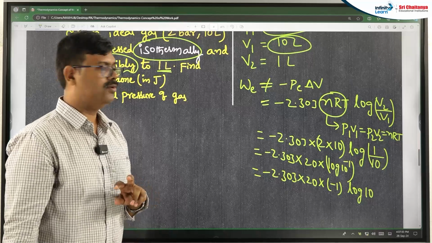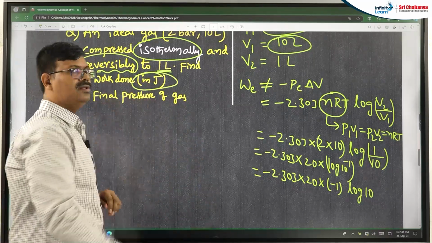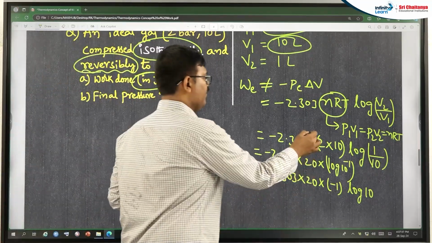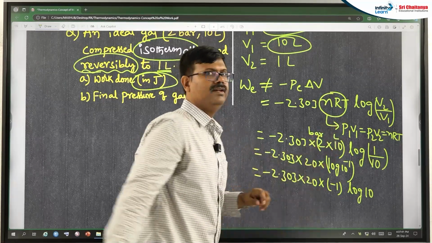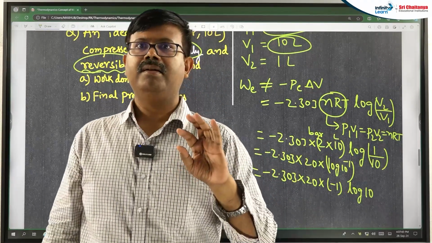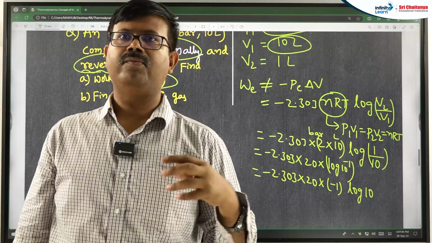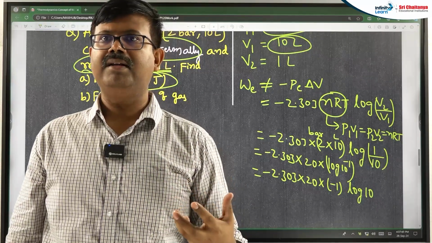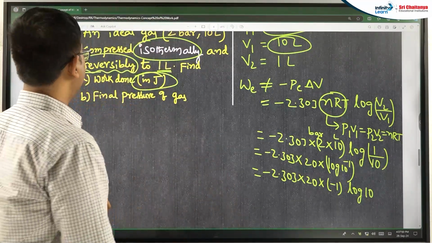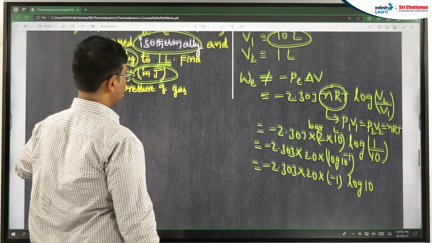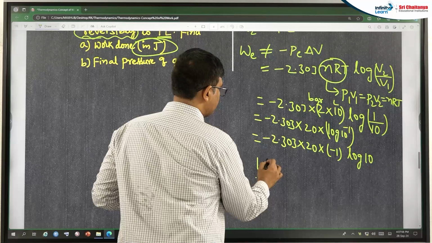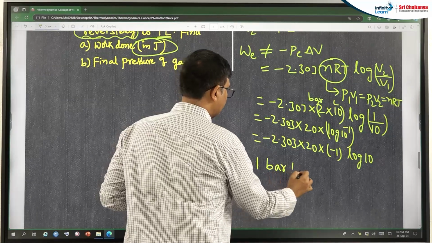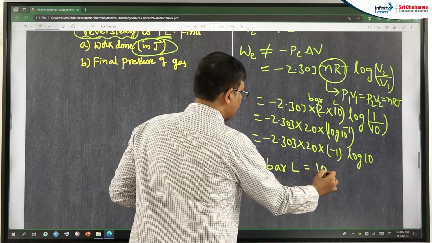But they are asking in the question for the answer in joules. When we take pressure in bar and volume in liters, we will get the answer in bar liters, but we need to calculate the work done in joules. So how to convert this into joules? See, 1 bar liter is equal to 100 joules.